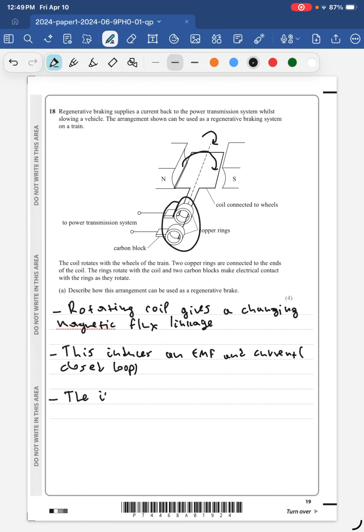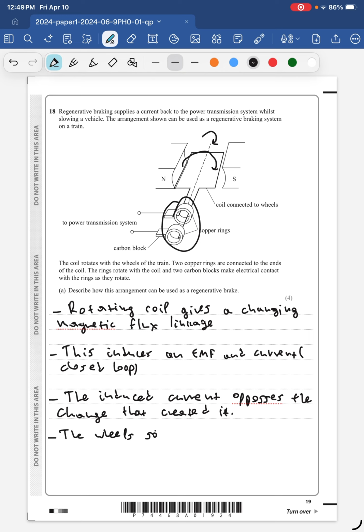The induced current opposes the change that created it. Okay, so the wheels slow down, and the system acts as a brake.